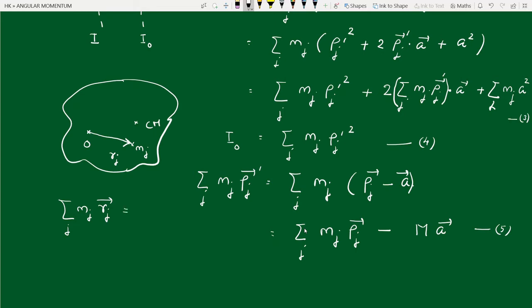Then this can be written as if the total mass of the body is assumed to be focused at the center of mass. Let's say the total mass is concentrated at this point. It's a supposition.